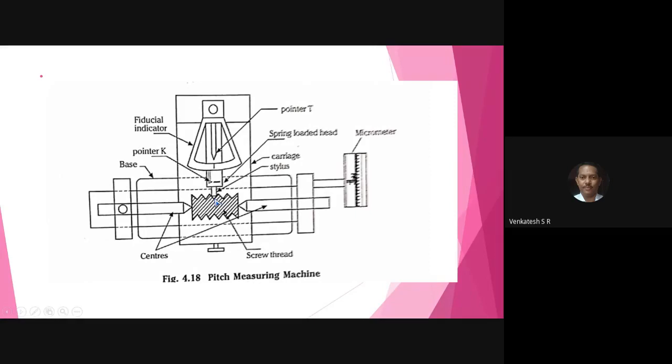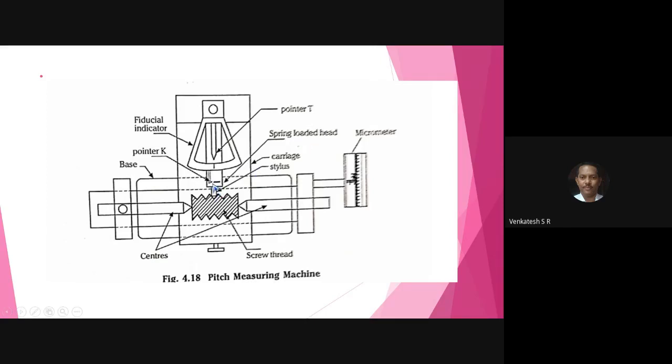That can give you the pitch, which can be measured by using the micrometer. All of you observe here the pitch measuring machine. In this machine there is a provision to fix the thread component in between two centers, and there is a spring loaded head which is connected to the stylus.